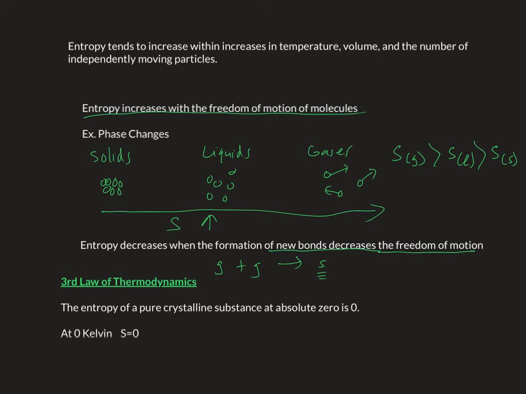Now my third law of thermodynamics, I know I skipped the second law, but the third law says that the entropy of a pure crystalline substance at absolute zero is zero. So the entropy of a pure solid or a substance at absolute zero is zero.